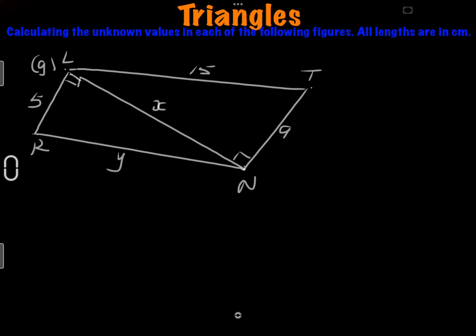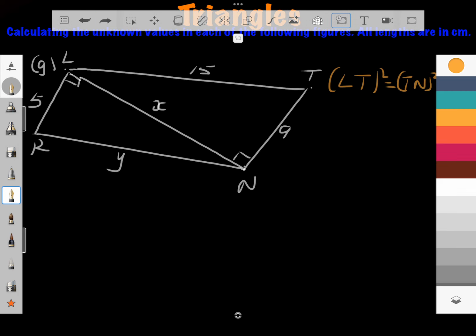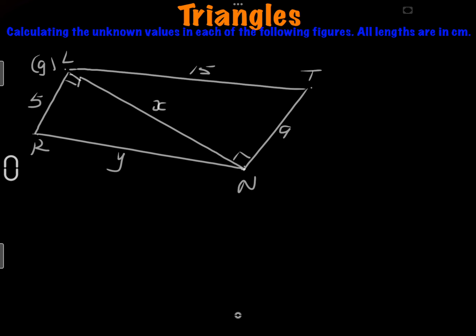To find this X, the unknown value, we can make X the subject of the formula by saying LT squared is equal to TN squared plus LN. Oh, sorry, I ran out of space. Let me write it down here.